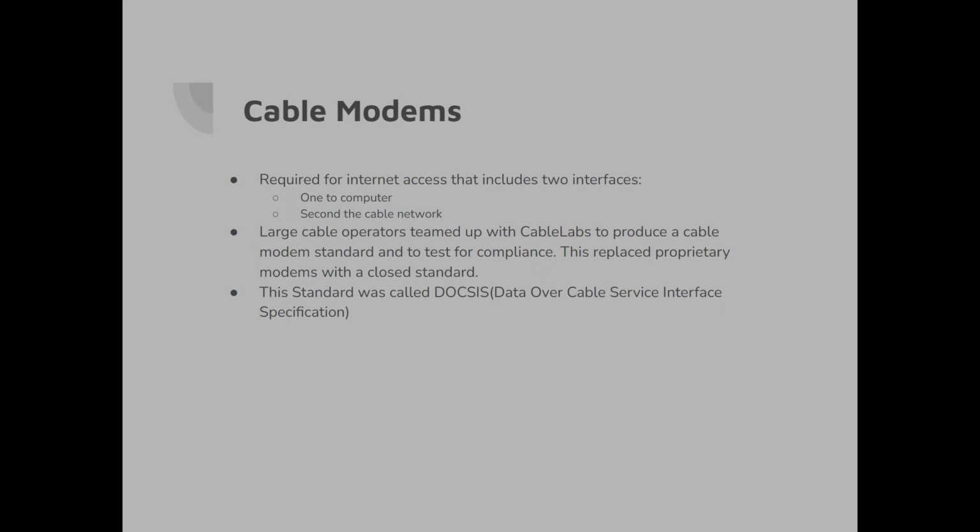There was no standard or any real compliance with these modems. After time, the large cable operators teamed up with the company CableLabs to improve the cable modem standard, and this was used to also make sure everybody passed the test for compliance regarding cable services. And this standard was called DOCSIS, Data Over Cable Service Interface Specification.